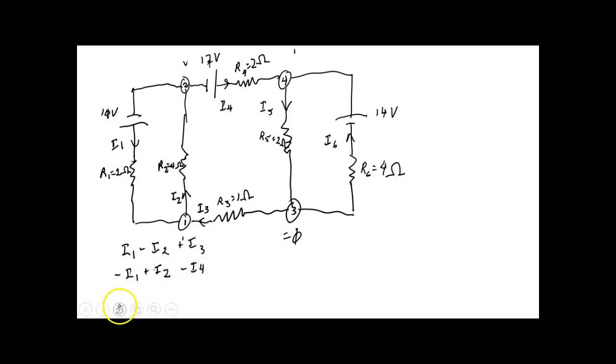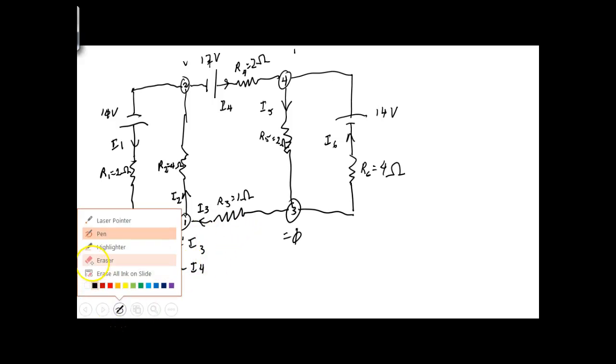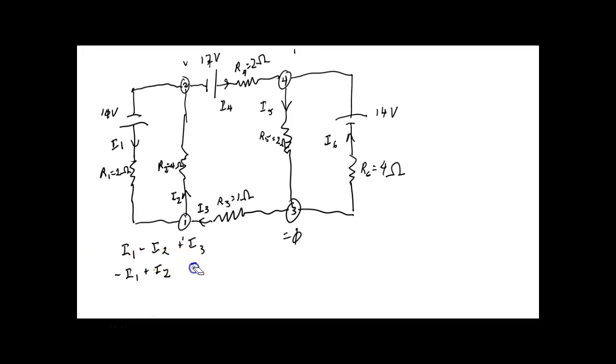Oops, I put it in the wrong place. Minus I4, and that's equal to 0. When we go to junction 3, we have a minus I3 plus, oops, wrong place.